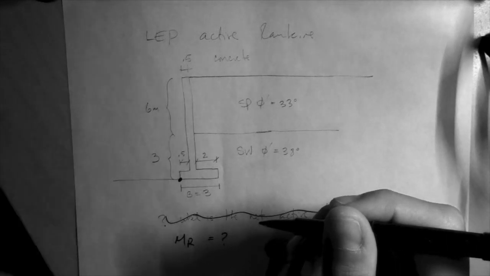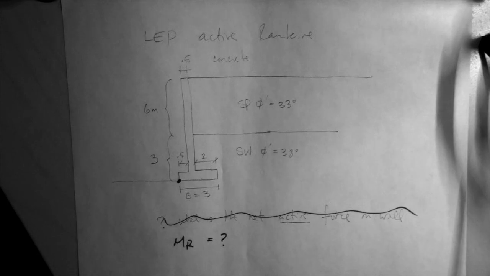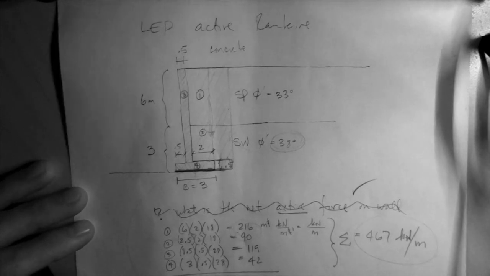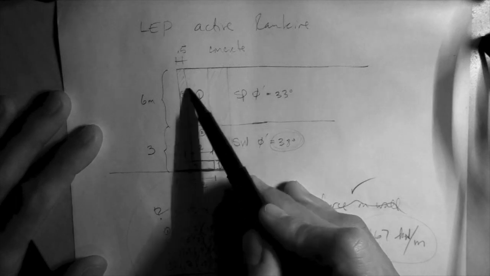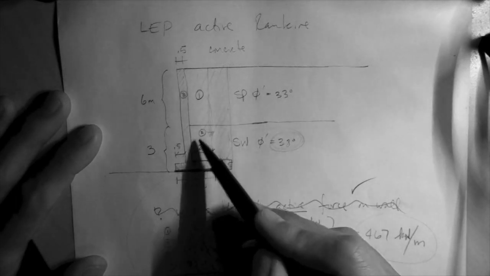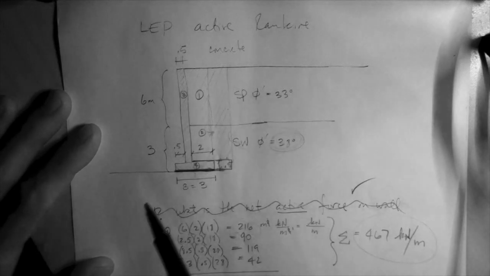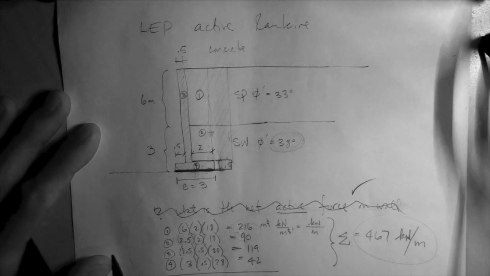So those weights also have moment arms, and we calculated those weights when we did our factor of safety for sliding calculation. Remember the stem, number 3, the soil back here, number 1, the soil back here above the footing heel, number 2, and number 4 for the footing, right?